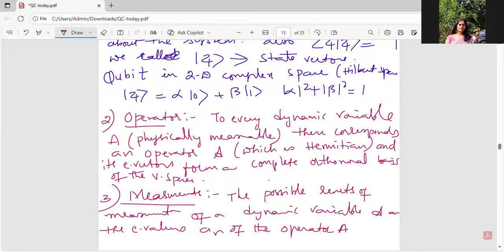This operator corresponds to the variable A.